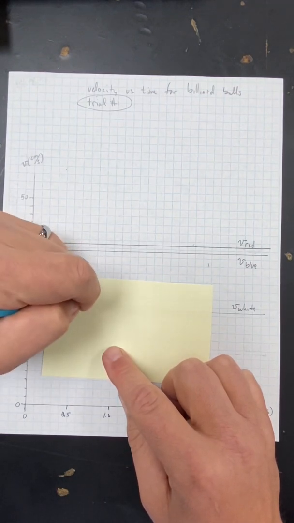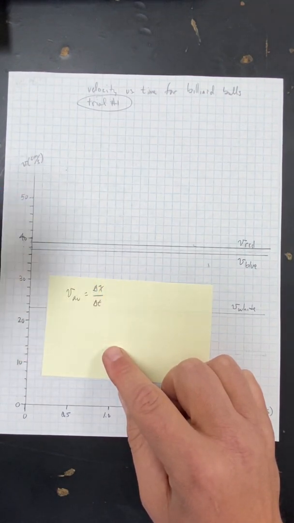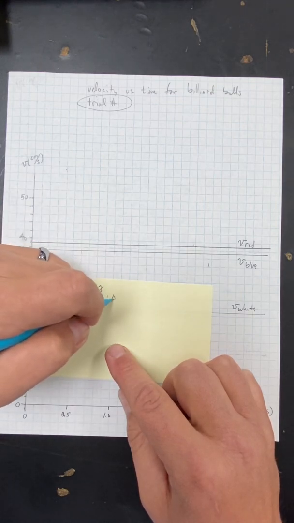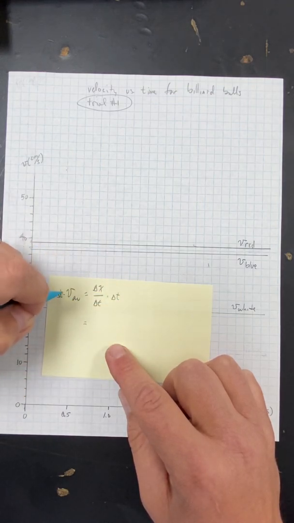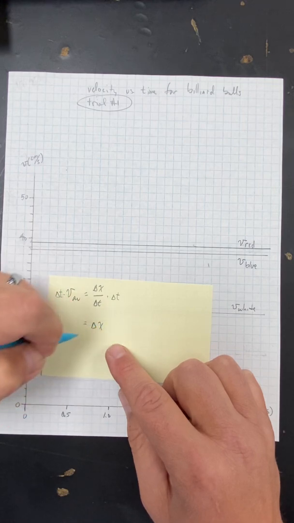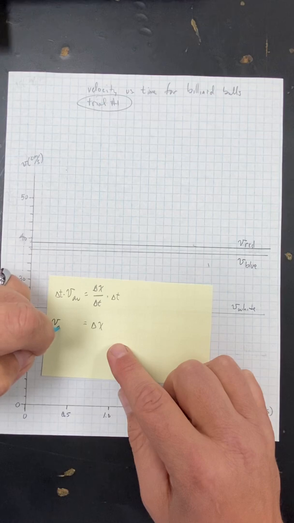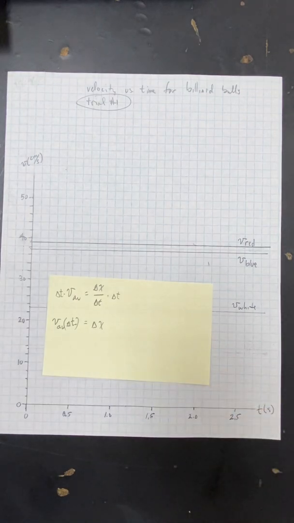Average velocity is displacement over time. If I solve it for displacement, if I want to know how far that thing went and what way, here's what I could do. Multiply each side by time. And I'd get this. Displacement equals, I'm going to reorder it, the average velocity times the time, right?